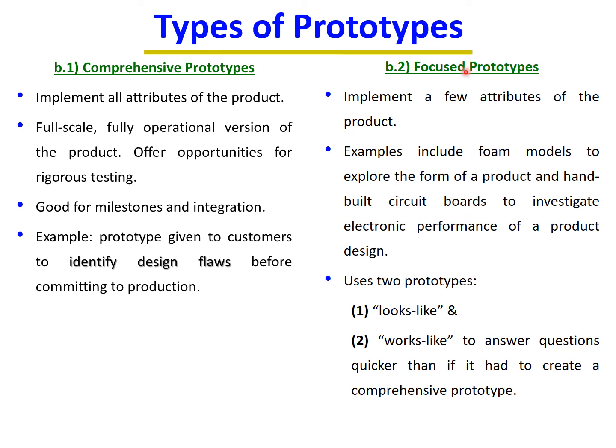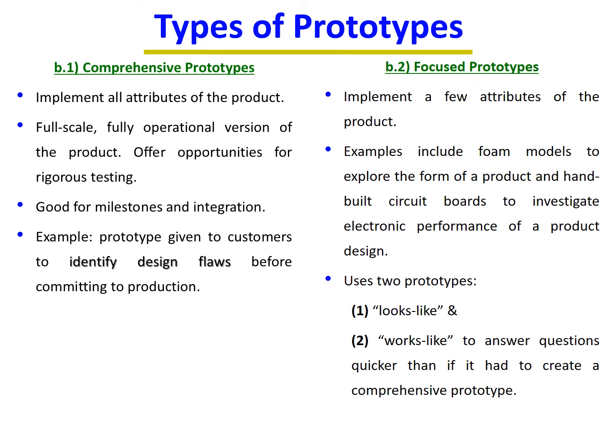So this type of focus prototype uses 2 prototypes, looks like and works like, right? So the looks like, how does it look? It has wheels, it has a body, it has front, it has back. Works like, how does it work? So works like to answer questions quicker than if it had to create a comprehensive prototype. So these focus prototypes are smaller versions.